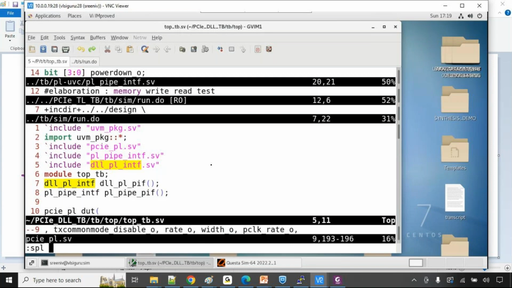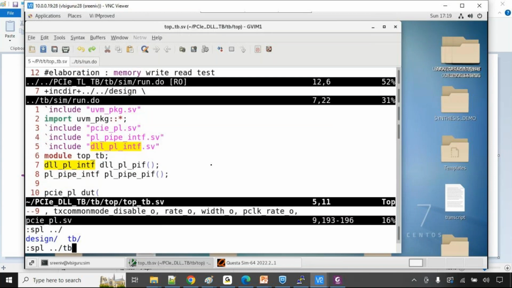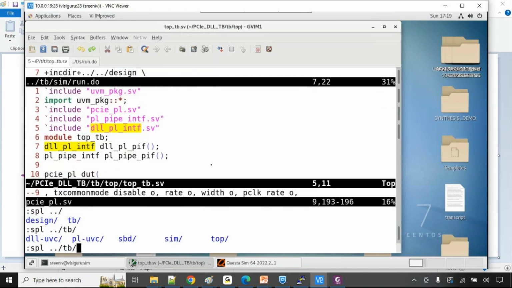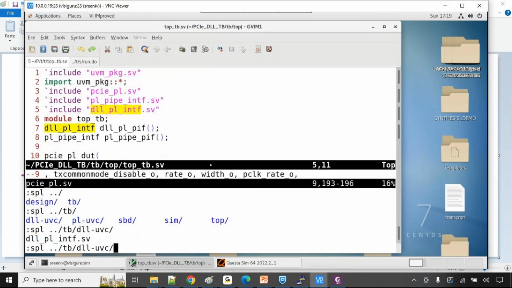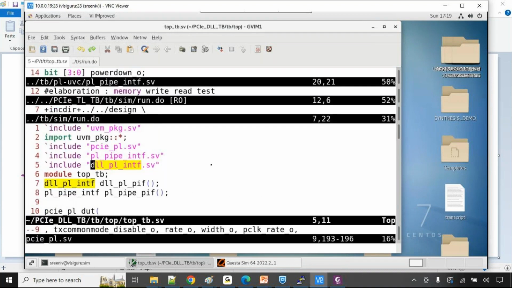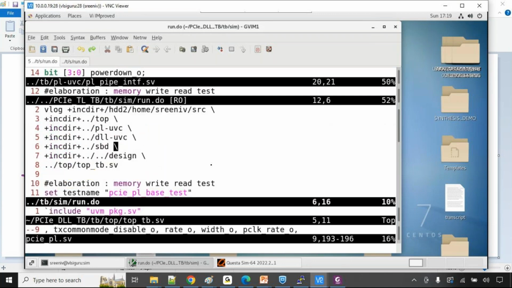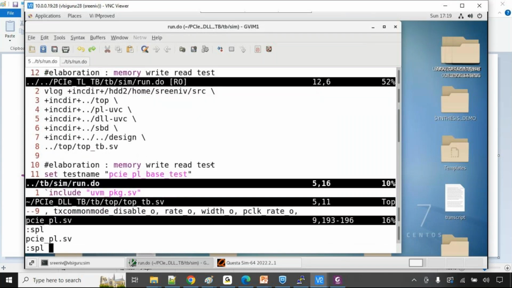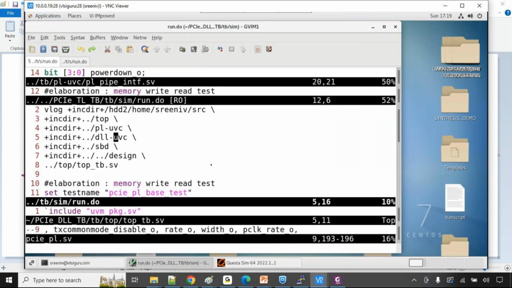So where is it present? TB, DLL UVC, DLL PL interface. It is present. If it is present there, if I go here, DLL UVC. What would be the problem here if this is the case?